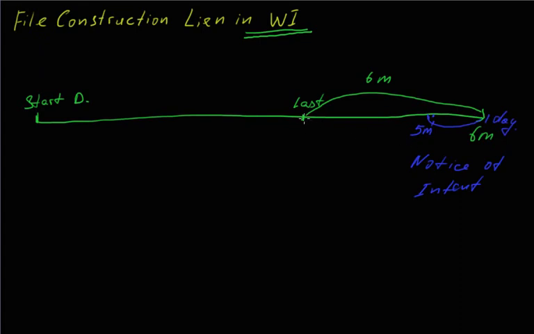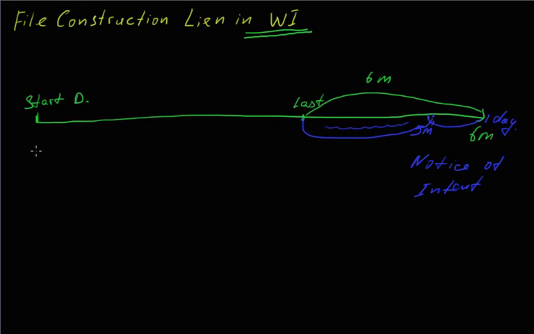However, anytime from the last date and this 5 months period, you can send a notice of intent to file a lien if you wish, but it has to be no later than 5 months. So it's very important that you keep track of this time.